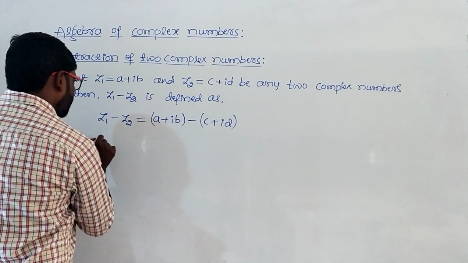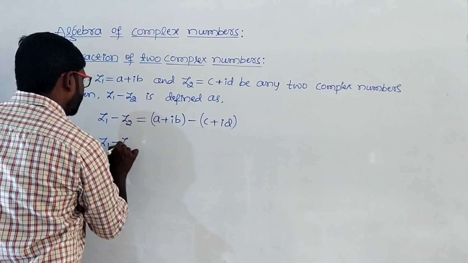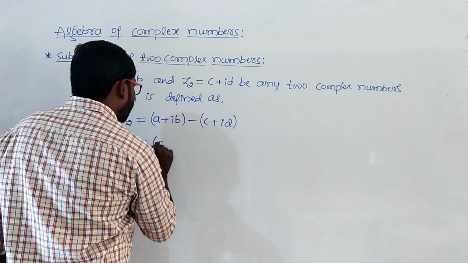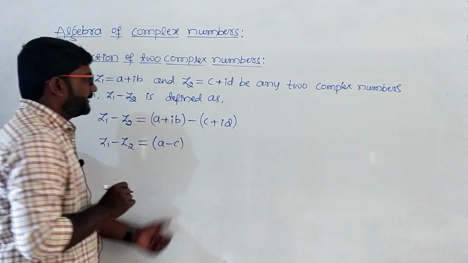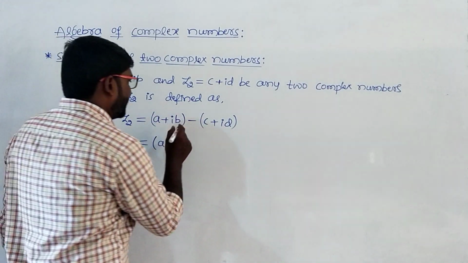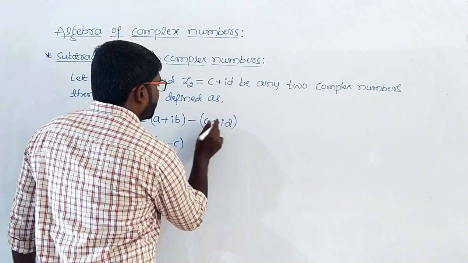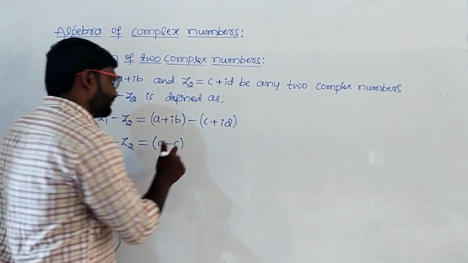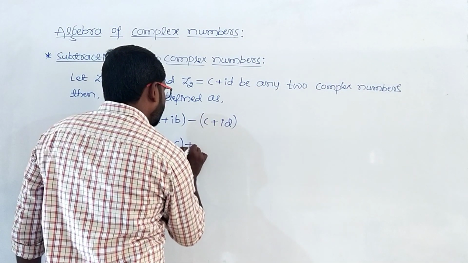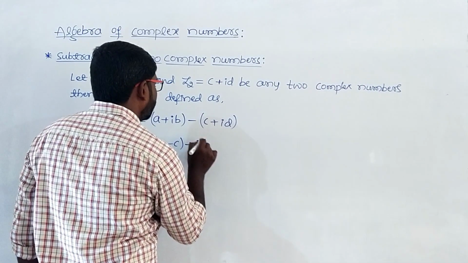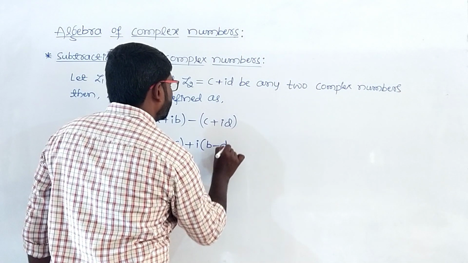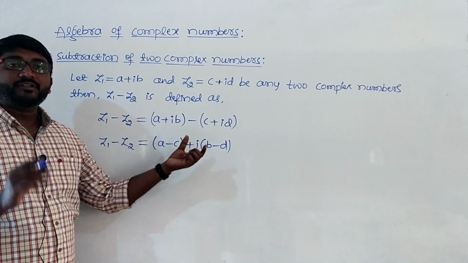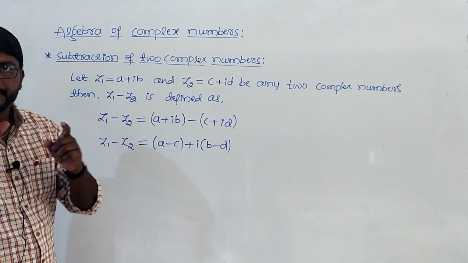We get Z1 minus Z2 equals A minus C, then we have iB minus iD. Taking i common, we get B minus D. So this is the difference or subtraction of any two complex numbers.